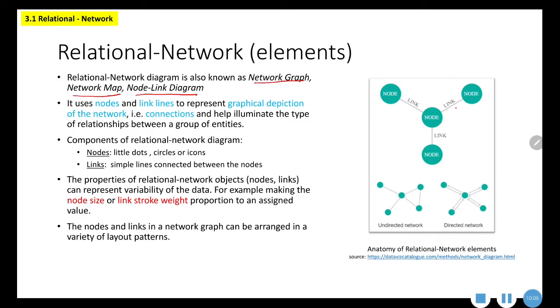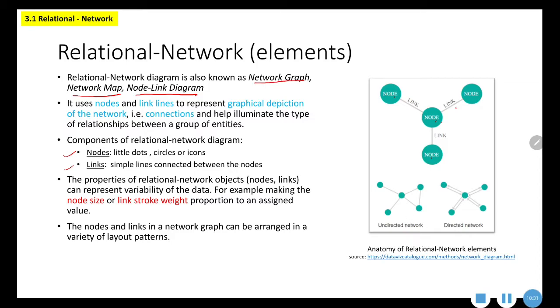So it helps to illuminate the type of relationship between a group of entities. The components are nodes and links. Nodes are little dots, or circles or icons, whereas the links are the simple lines that connect between nodes. When it has arrows, it becomes a directed network.